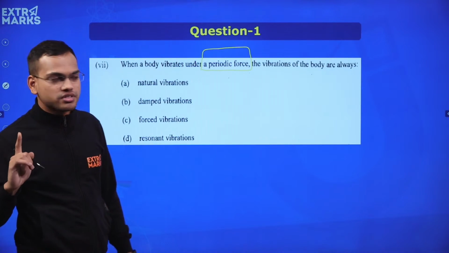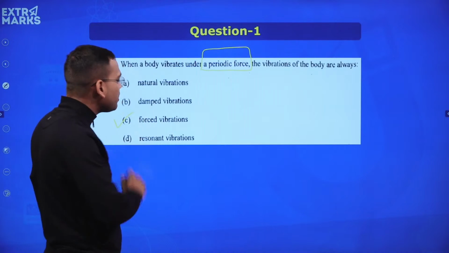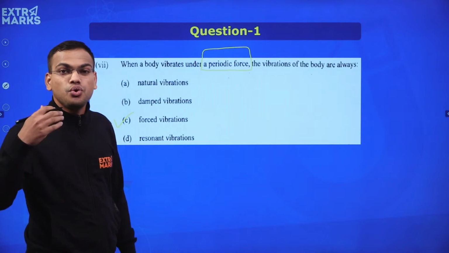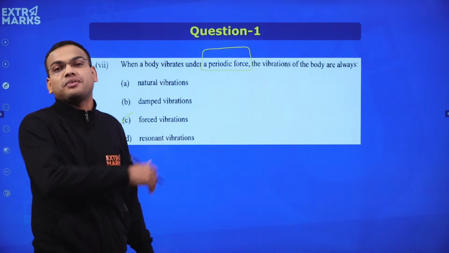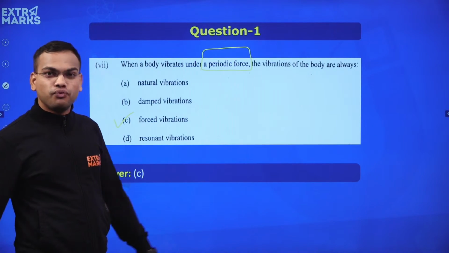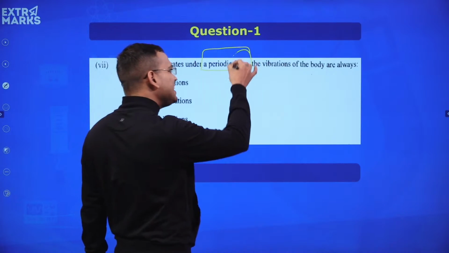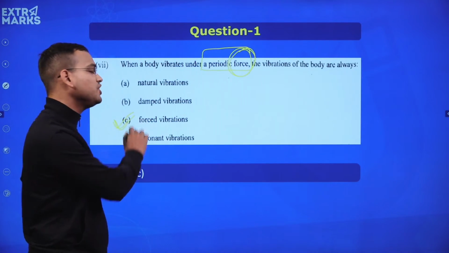It means the vibrations of the body are always forced vibrations. The body is vibrating because some kind of force is periodically applied on that body. That's why the vibrations are happening, right? So the answer is definitely C, forced vibration. Just seeing this word in the question, you can get the right option.